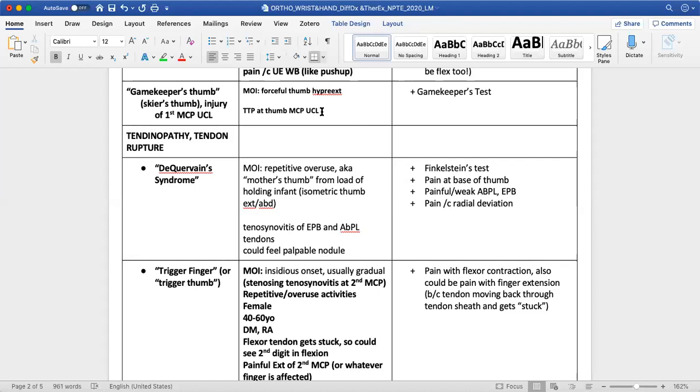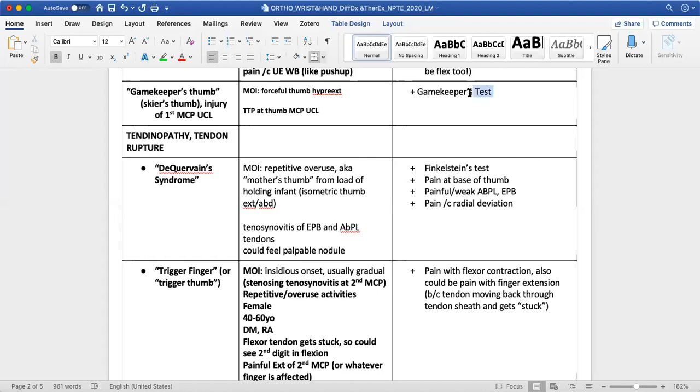And just like other ligament injuries, you could have a grade 1, 2, or 3. So different grades or degrees of severity, different grades or degrees of laxity, depending on how much trauma that ligament has experienced.